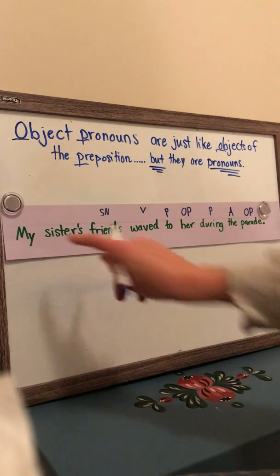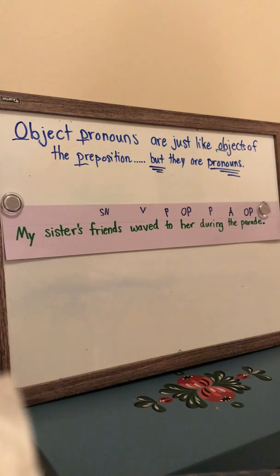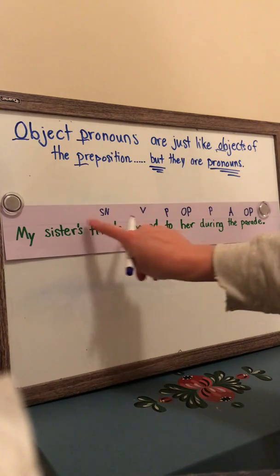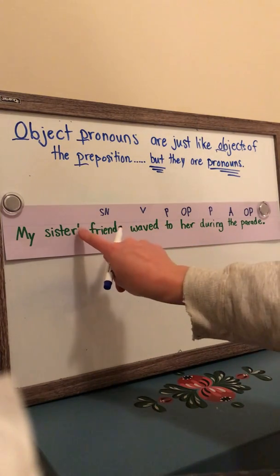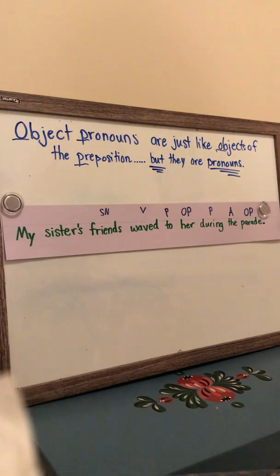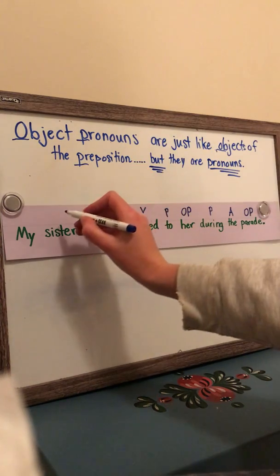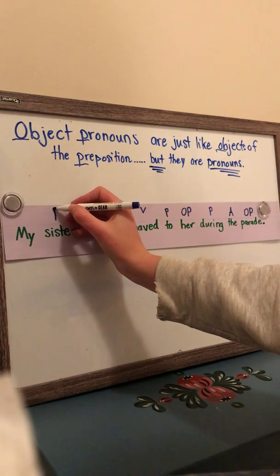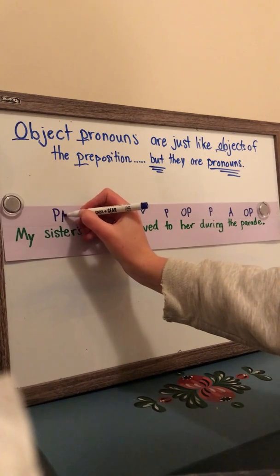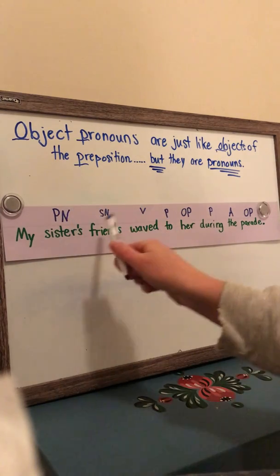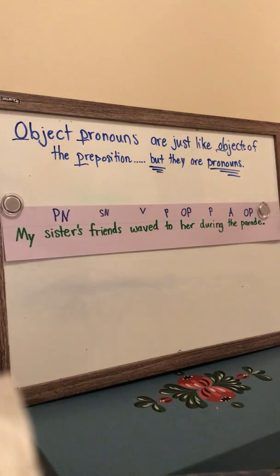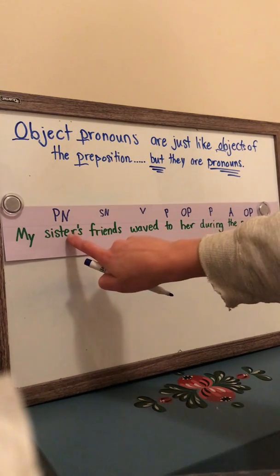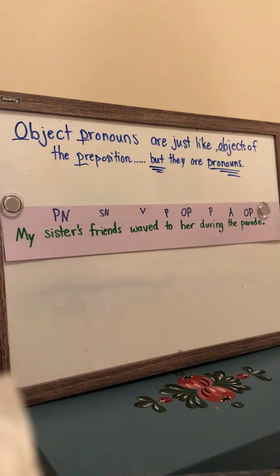Then we're going to go back over to here. Whose friends are they? They're the sister's friends. What is that and that? It's an apostrophe and an S, so we're going to call that a what, friends? A possessive noun. You got it. A possessive noun because it has ownership of the friends, right?